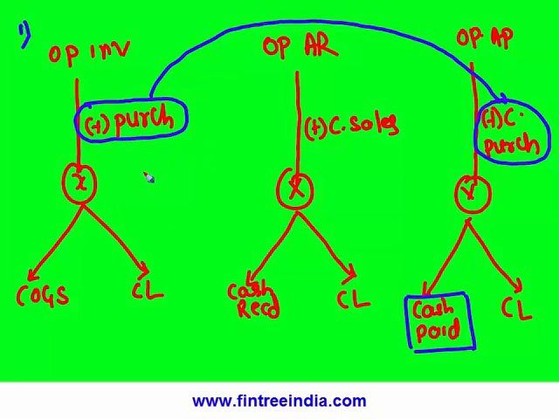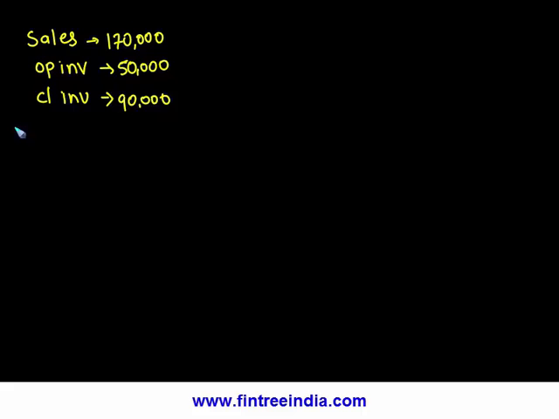Let's do an integrated question now. Sales 170,000. Opening inventory 50,000. Closing inventory 90,000. Gross profit margin 50%.